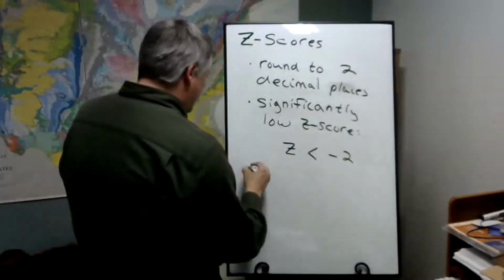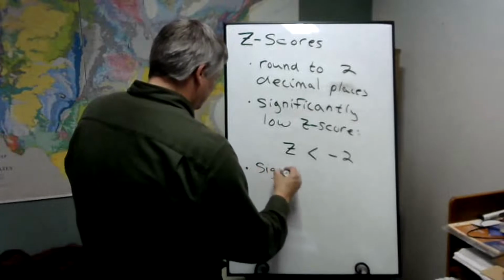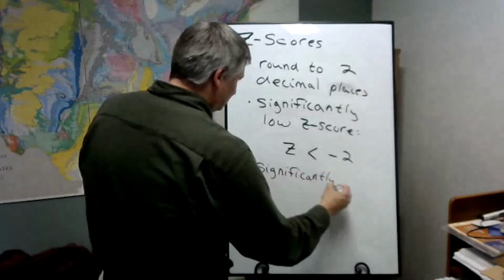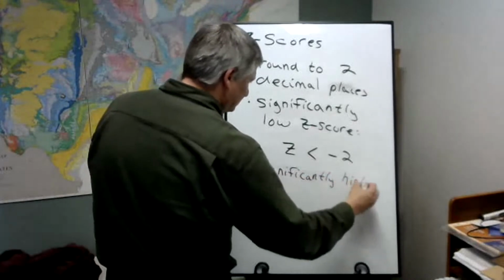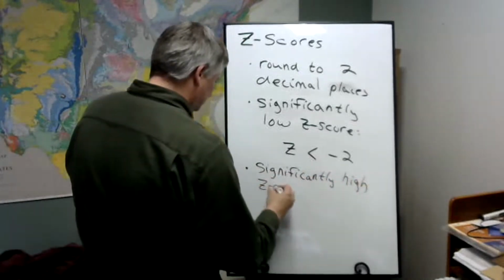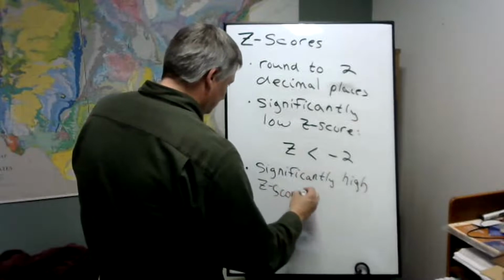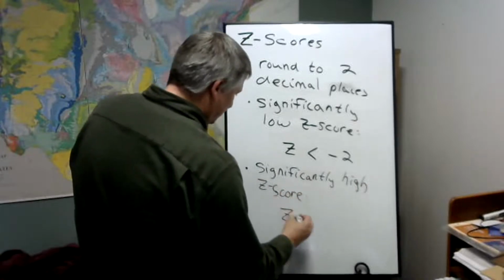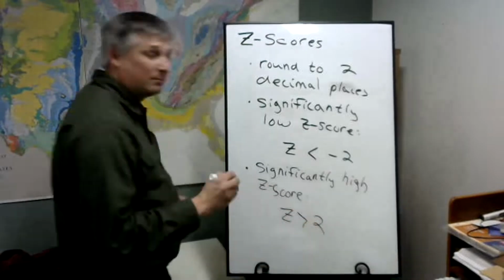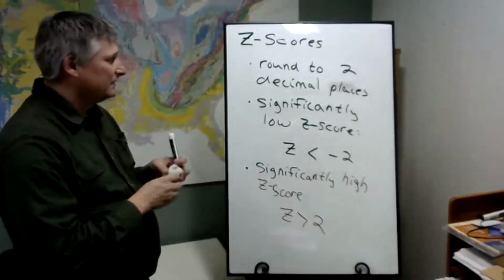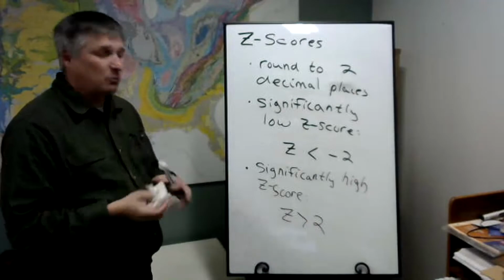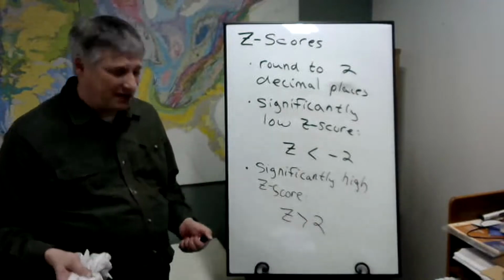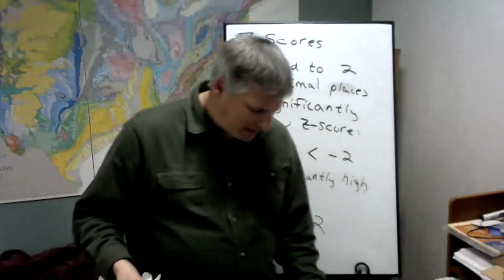For significantly high, you have your z-score greater than +2. We'll get into more of this later when we talk about z-tables and hypothesis testing. We're just sort of introducing it.